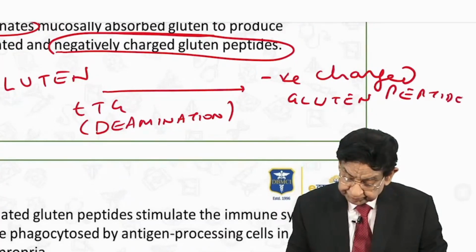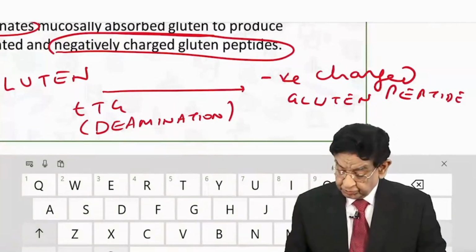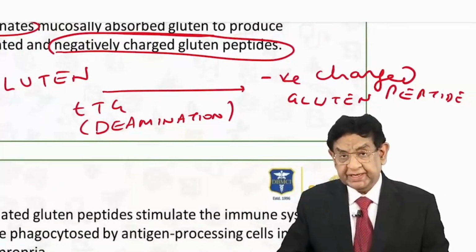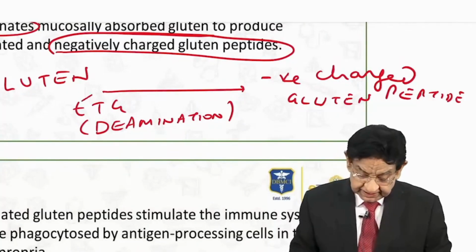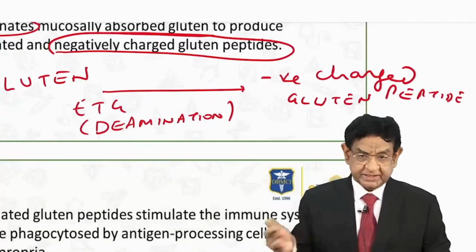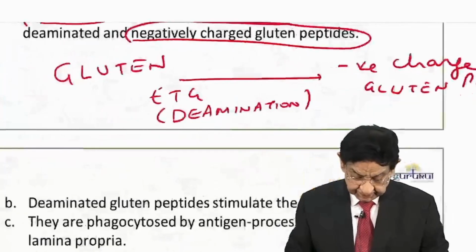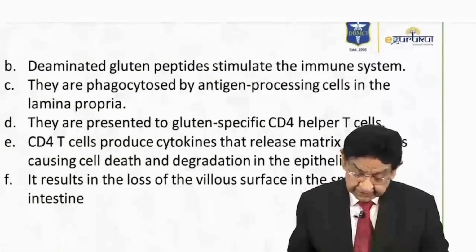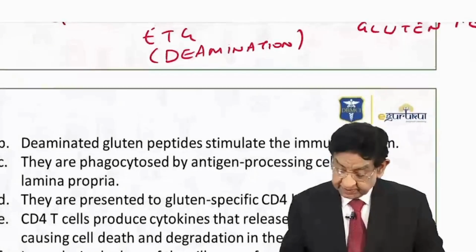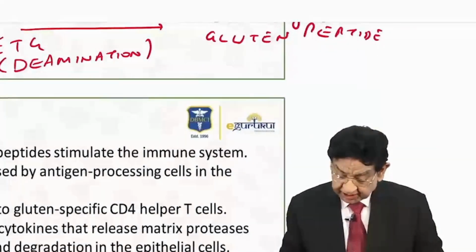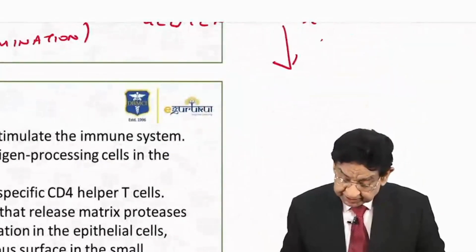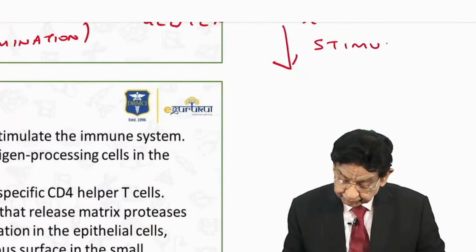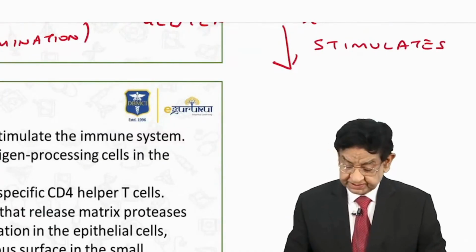So gluten is converted into a negatively charged gluten peptide, and the enzyme involved is TTG, which by deamination makes it a negatively charged particle. Now this gluten peptide which is negatively charged stimulates the immune system.